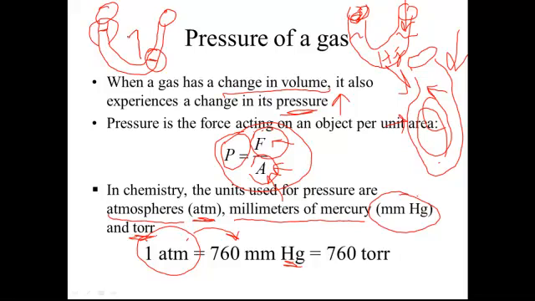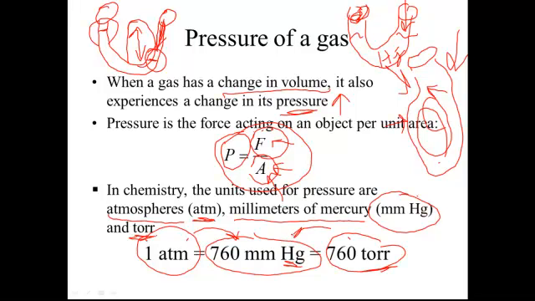And so that difference between the two can measure the pressure. How much is it pushing on this right side to cause this left side to go up? And so what we define as the same thing as 1 atmosphere is if that difference is 760 millimeters of mercury. And then obviously the same thing here is what we use for torr.